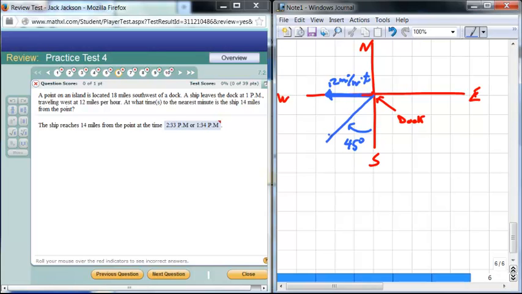And he's going out a total of, that's 18 miles. And there's our point. Okay? At what point is he 14 miles from that point? So this is 14 miles. At what time is that 14 miles?